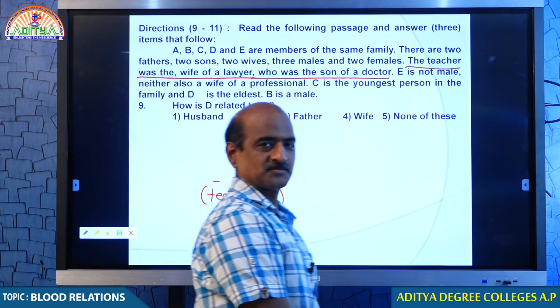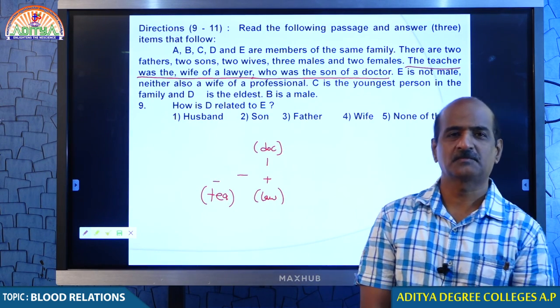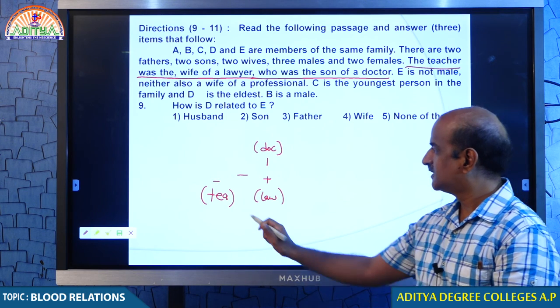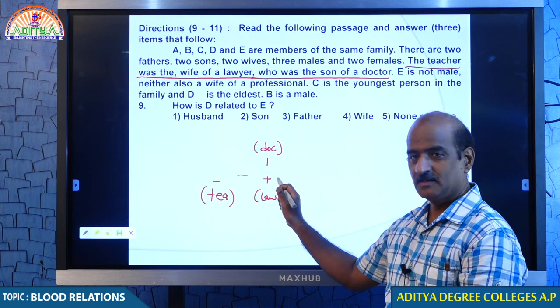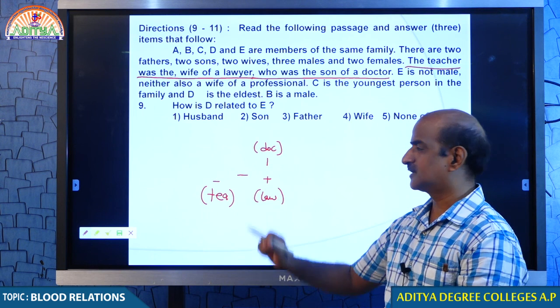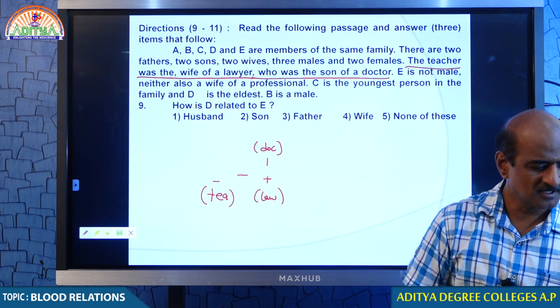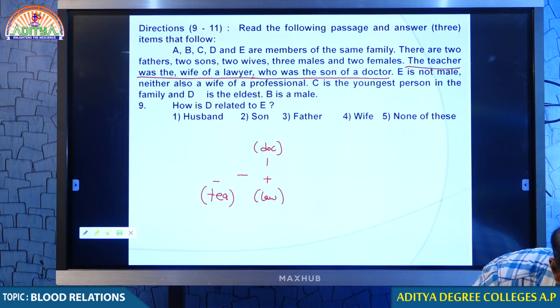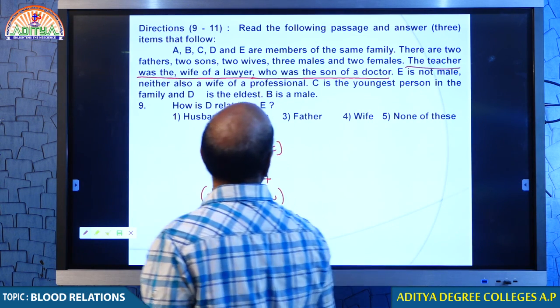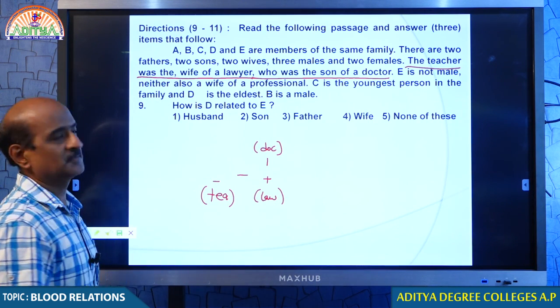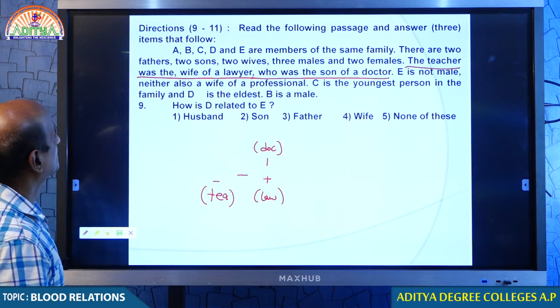I believe I am absolutely clear to you. Here we go. Teacher, wife, female. Lawyer, male. Lawyer, son of a doctor. I don't know the gender of the doctor right now; probably you will come to know only after some time. Right students? Now we continue. Then E is not a male, which means E must be female.